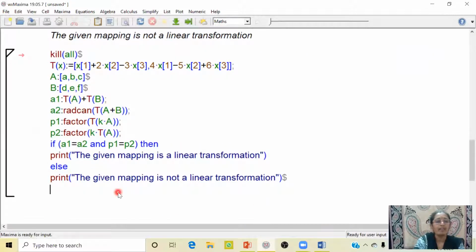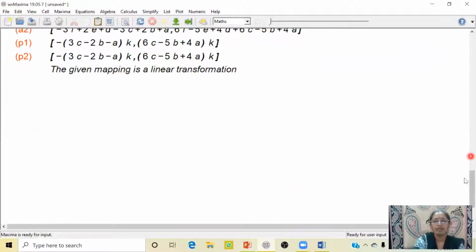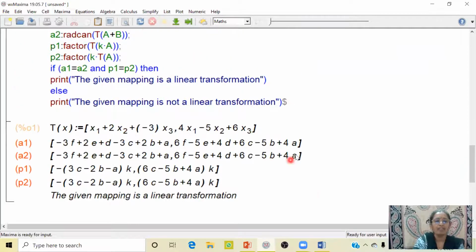Here once again we are using radcan and factor, which are the built-in commands. To simplify further, execute using shift enter button. You get the output here, and the output says that both A1 is equal to A2 and P1 is equal to P2. Therefore, the given mapping is a linear transformation.